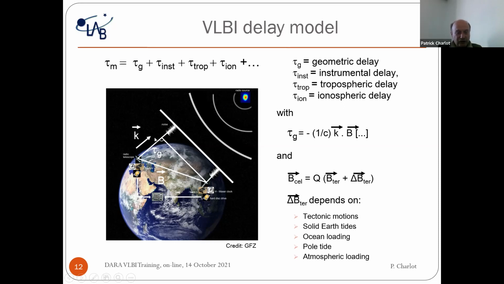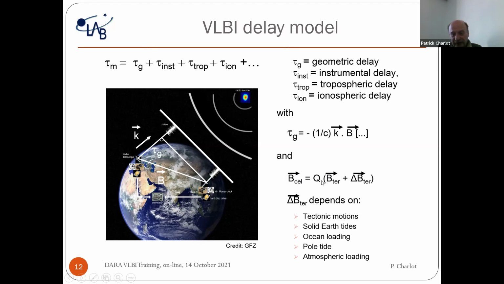So this geometry is always changing. You need to transform B in the terrestrial frame to the same vector in the celestial frame, where the vector k is known.